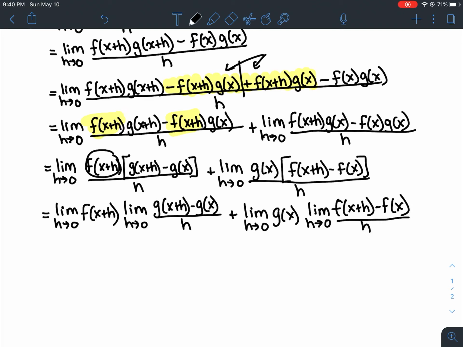Using our limit rules from back in A1, we can split them up into separate limits.